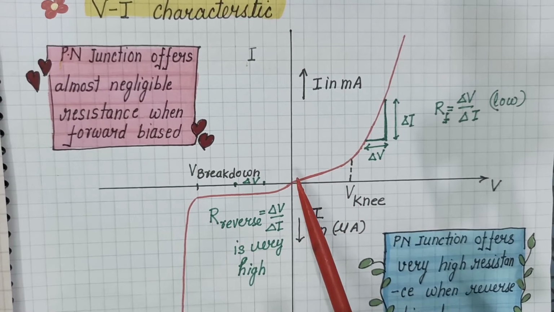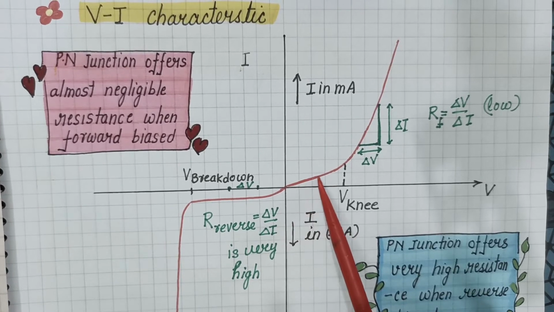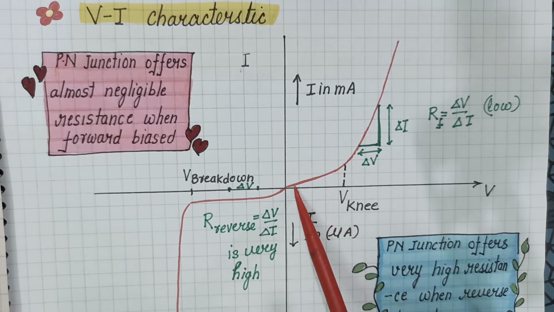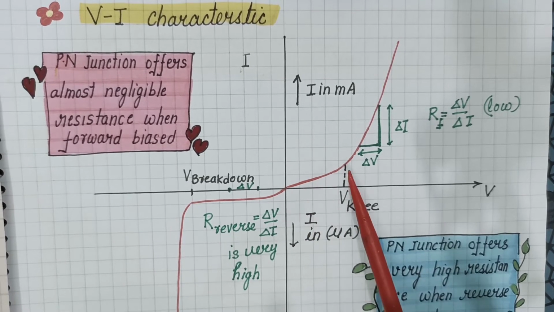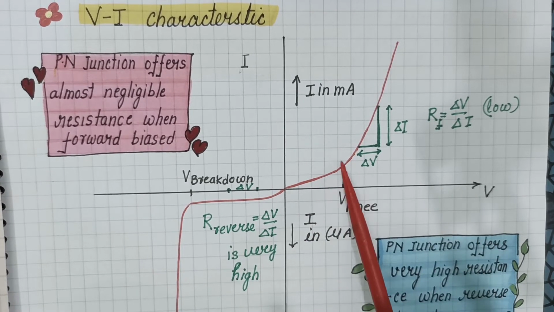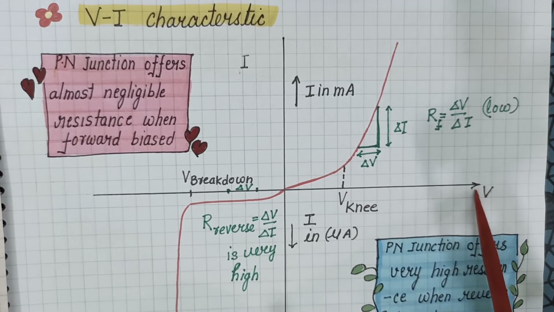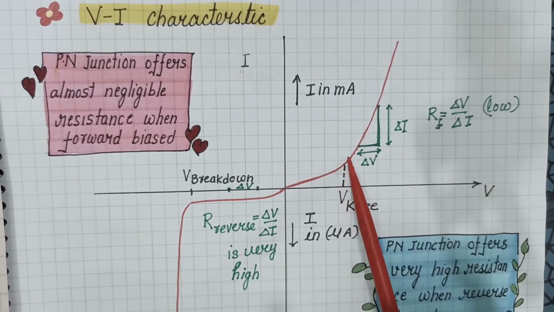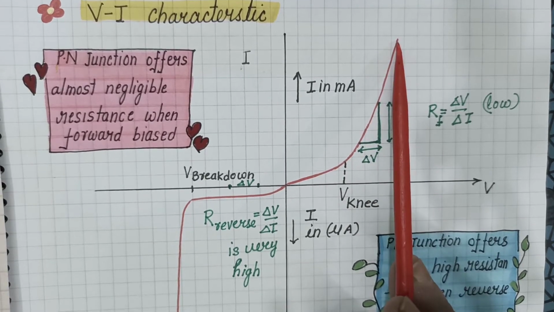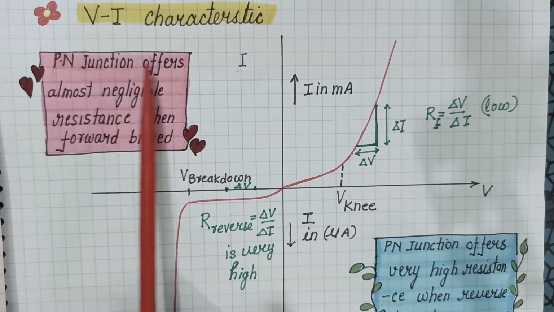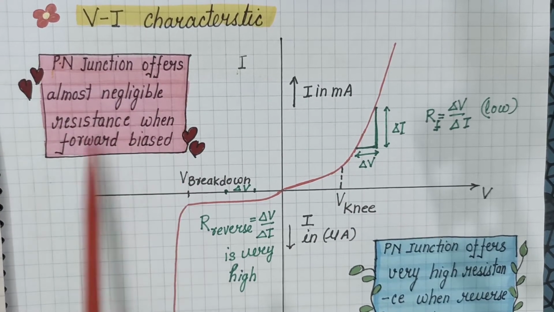Now you can see that initially, when a low potential difference is applied, there is a very small current flowing because of the potential barrier. But when the applied potential and the potential barrier become equal, after that the potential barrier is overcome by the applied potential difference and current starts flowing drastically. This is the forward biased VI characteristic, and we say that a PN junction offers almost negligible resistance when forward biased.